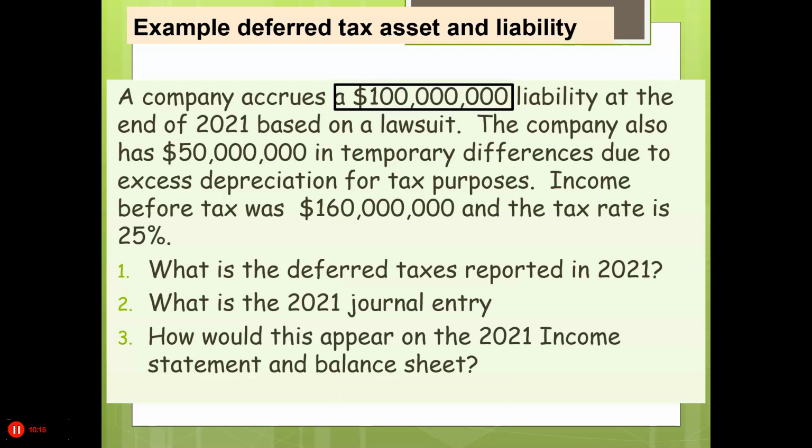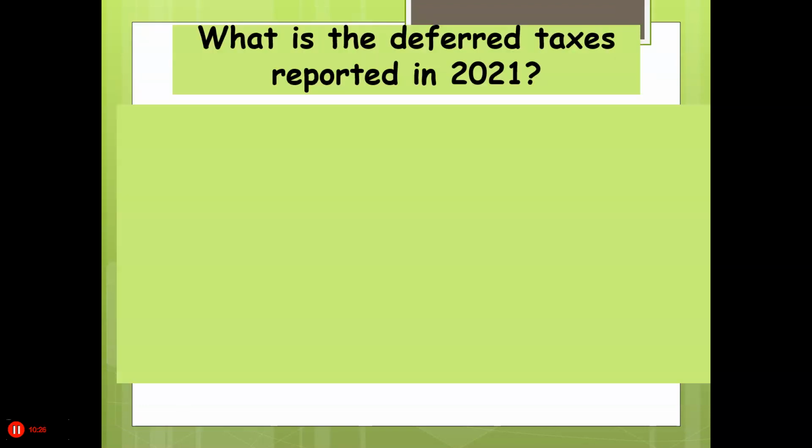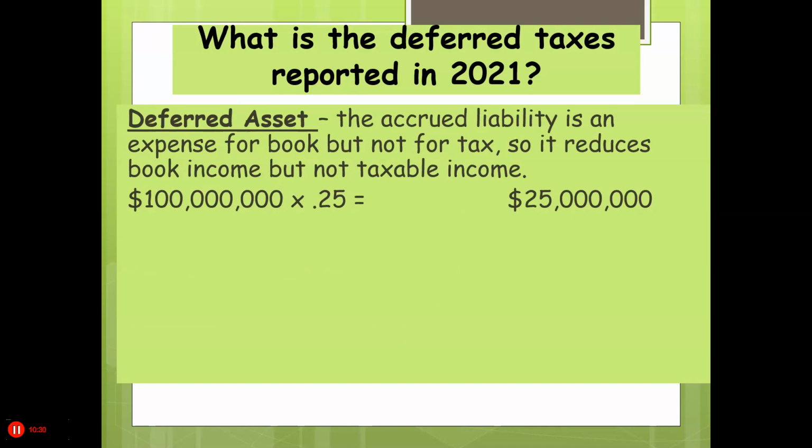First, we need that $100,000. We need the $50,000. We need the $160,000, and we need the tax rate. So let's take a look at how this works. First, what's reported? We would have the $100 million times 25%. So remember, first, the accrued liability is book income, but not taxable income.